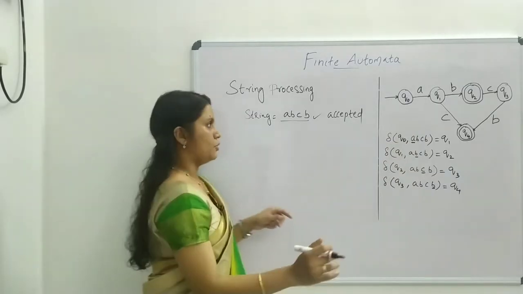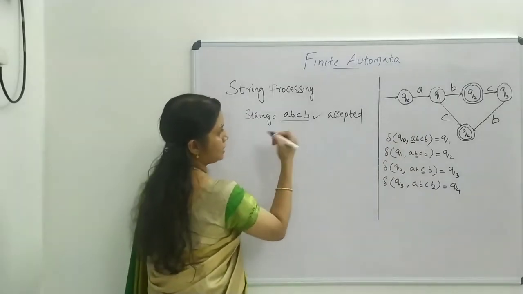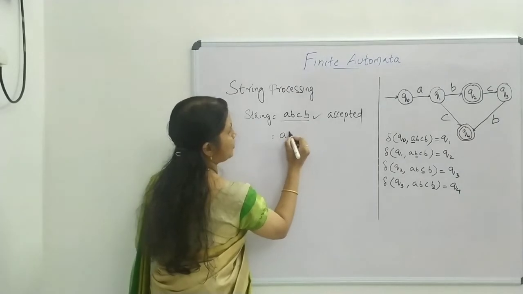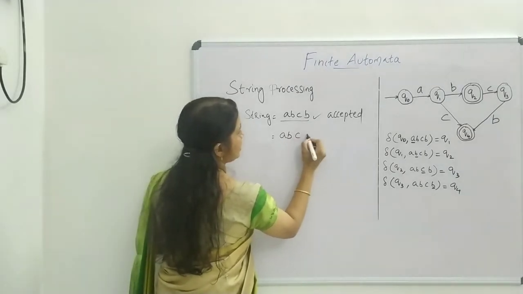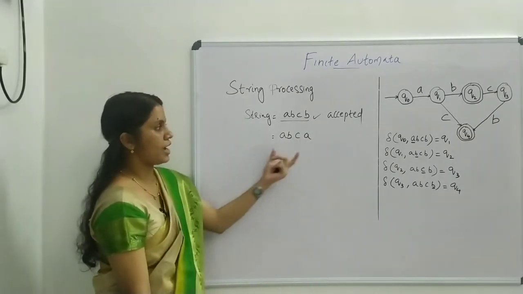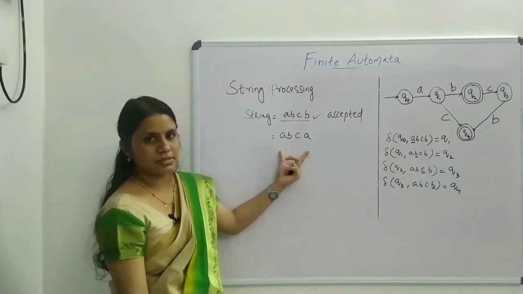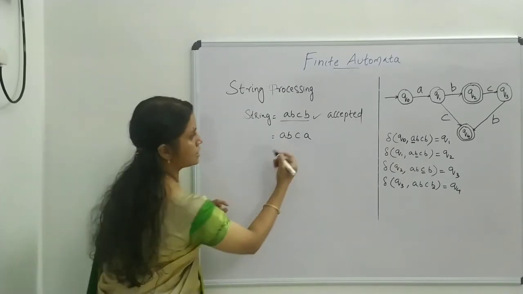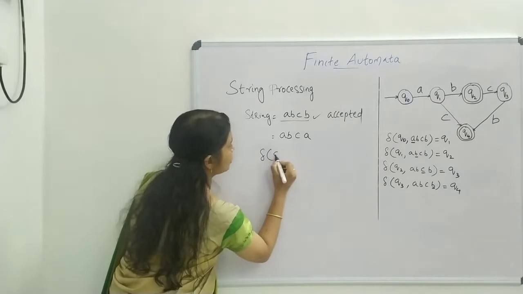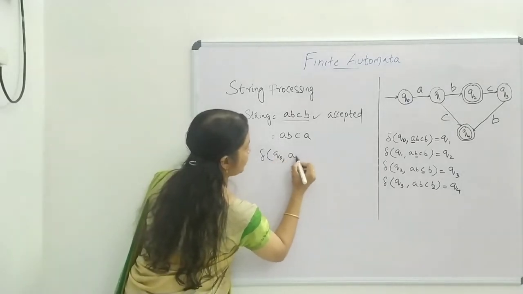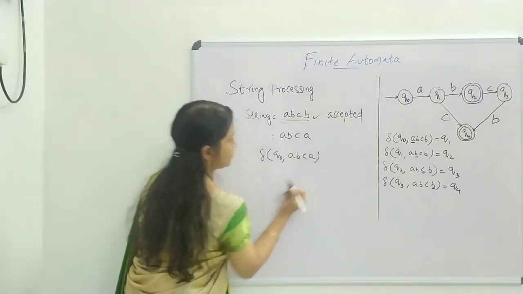Suppose the next string is ABCA. Next we have to check whether this string is accepted or not. We start at Q0.